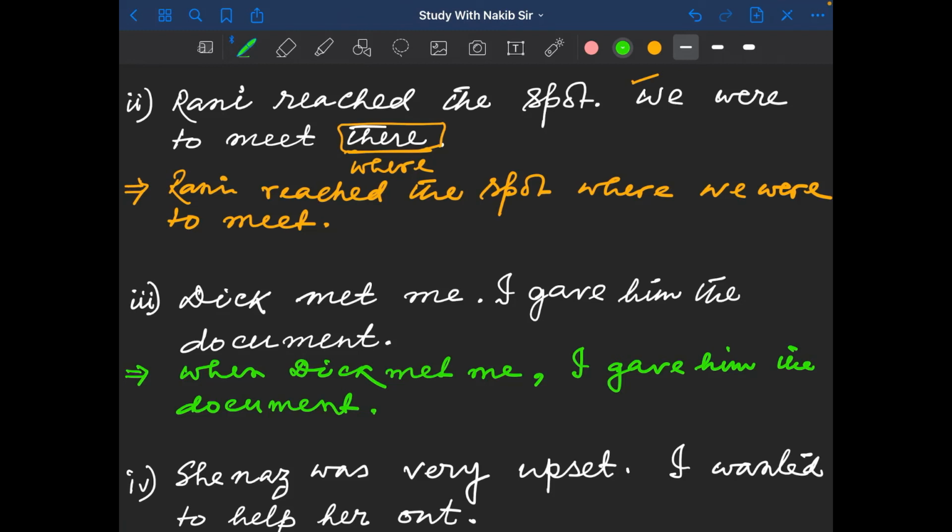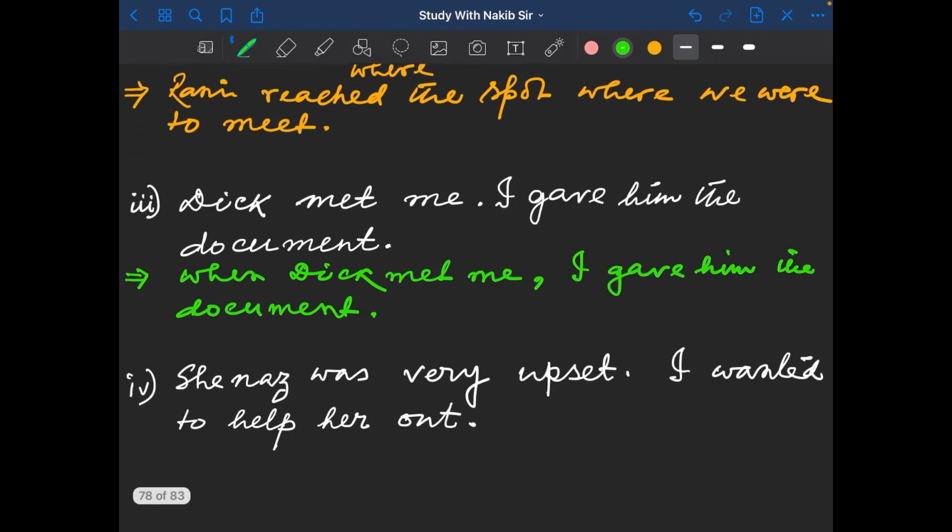You may write this way, opposite way. I gave him the document when Dick met me. Okay, both are correct. It is just a matter of combination. But if you use this, when Dick met me at the beginning, don't forget to write this comma. Okay, remember this. So your combined sentence is when Dick met me, I gave him the document.